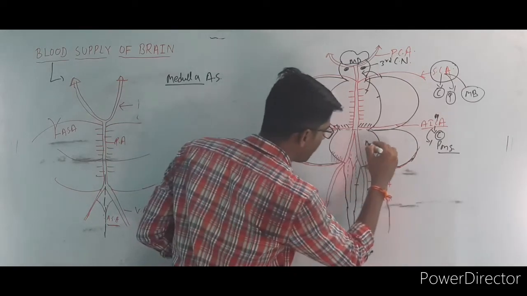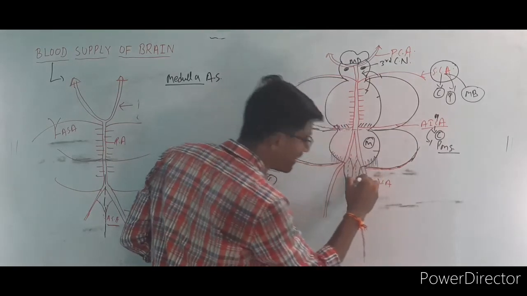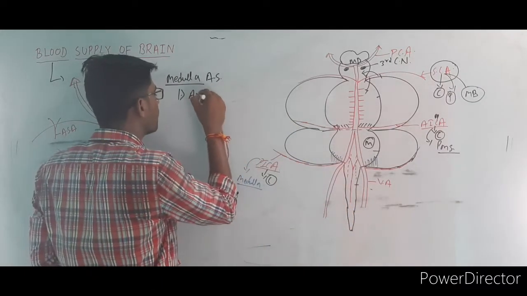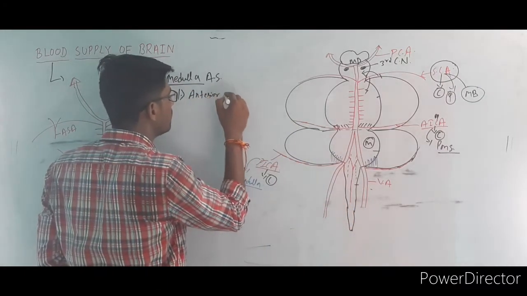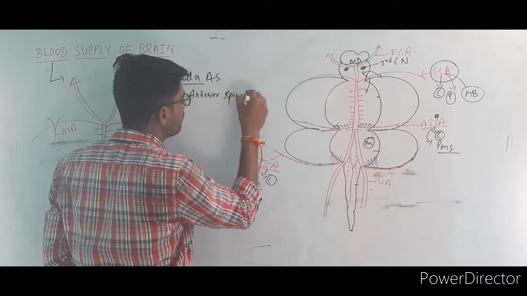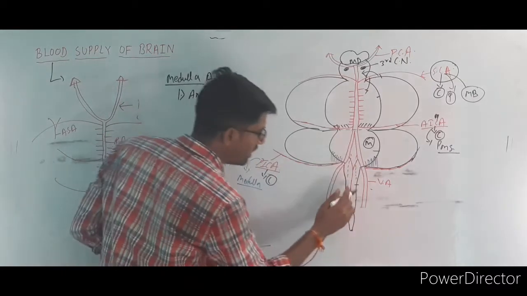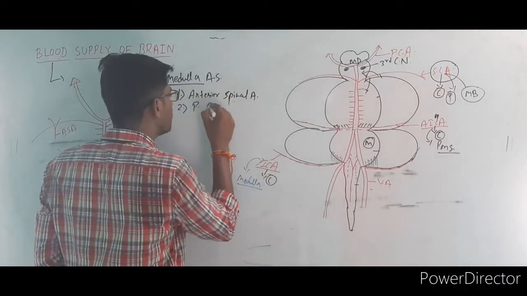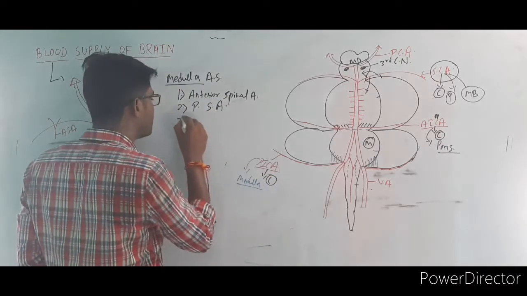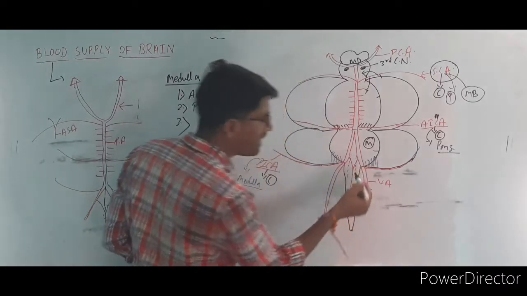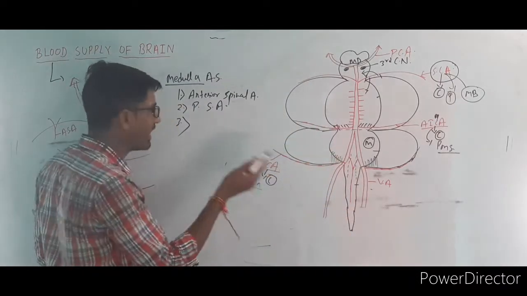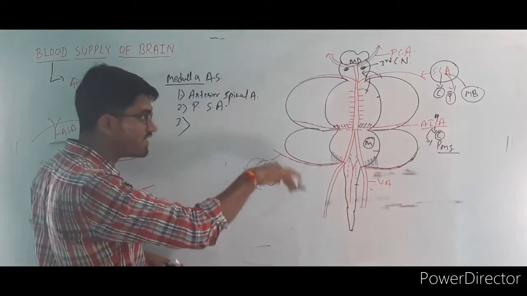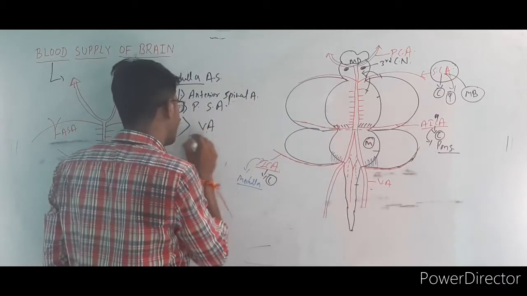This is the medulla, so it comes out from here, and the anterior spinal artery supplies this medulla. This is what? Blue color. Posterior spinal artery. Third, the vertebral artery is also supplying this medulla, right? And it joins at the pontomedullary junction, so before that it's supplying the medulla.